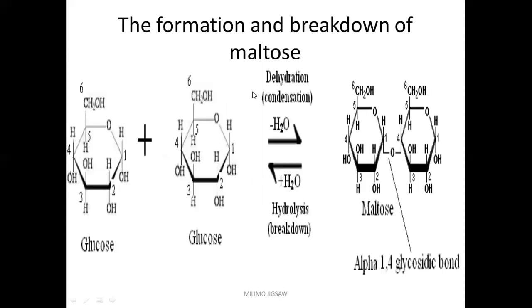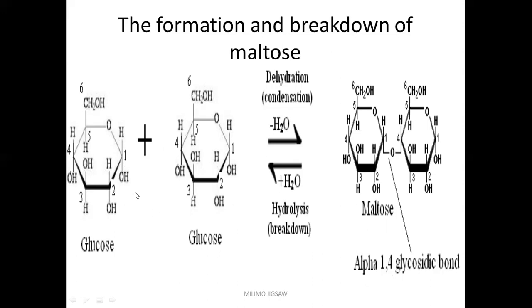Formation of maltose: it's 1,4. Position 1 of one glucose molecule and position 4 of another glucose molecule participate through condensation, leading to the formation of an alpha 1,4 glycosidic bond.